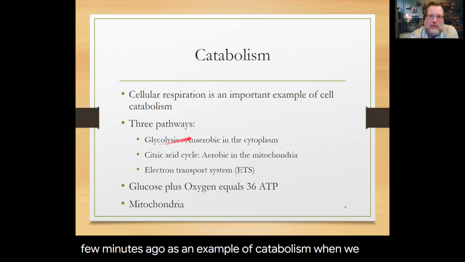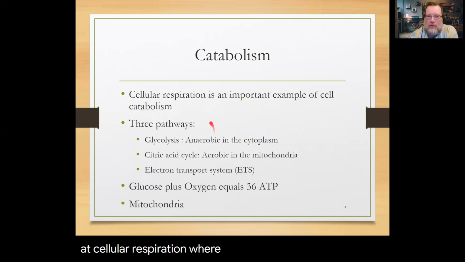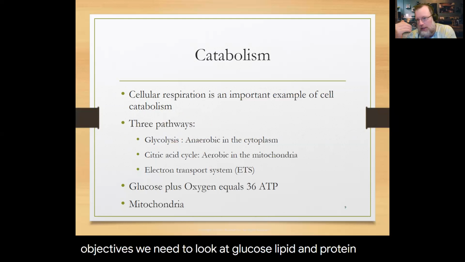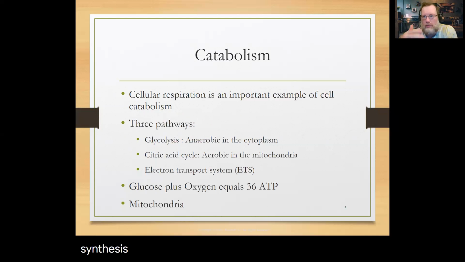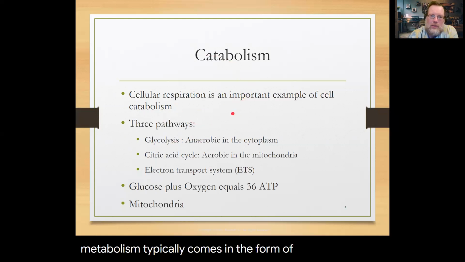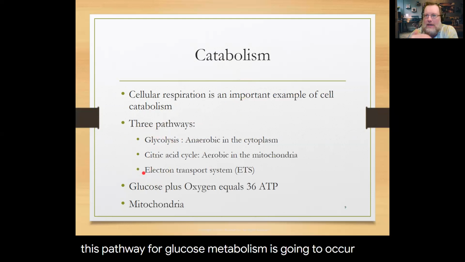When we look at cellular respiration, we're primarily talking about glucose and taking that macromolecule. So going back to our objectives, we're going to look at glucose, lipid, and protein synthesis, and glucose or protein metabolism. Glucose metabolism typically comes in the form of catabolism, and this pathway occurs inside of the cell.